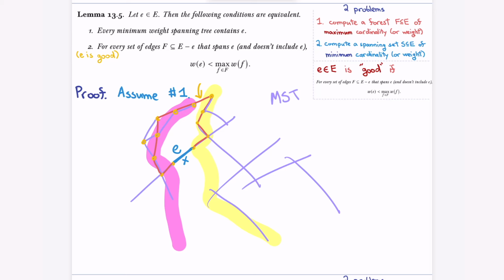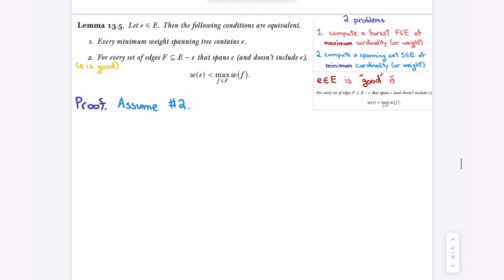And so if I removed E and added this other edge, the weight of the whole spanning tree would go down. That shouldn't happen, and that's our contradiction. Okay, good. So that's one direction.